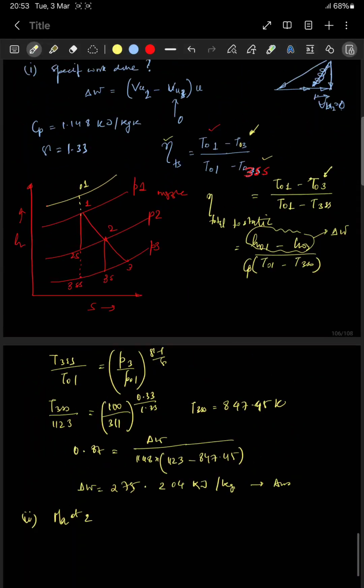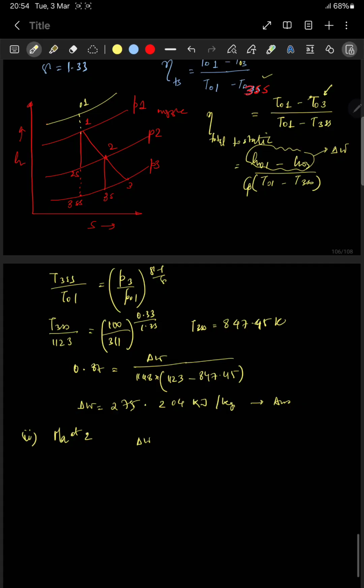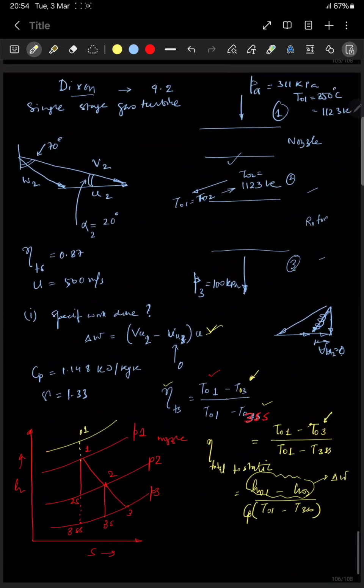So as I have told over here, this delta W is equals to VU2 into U. 275.204 is equals to VU2. This is VU2. And U is 500.